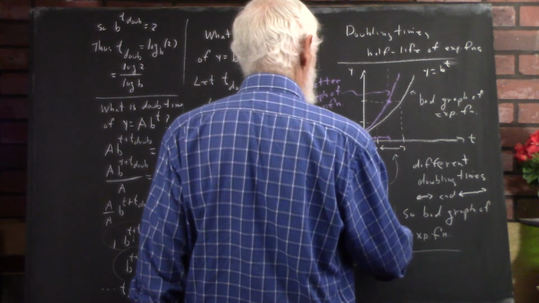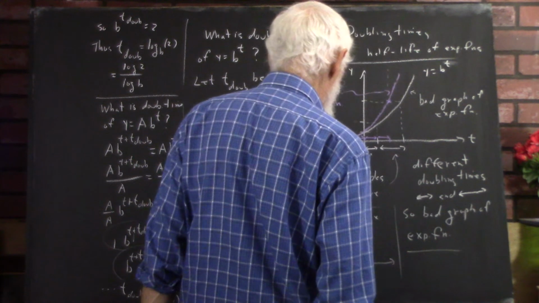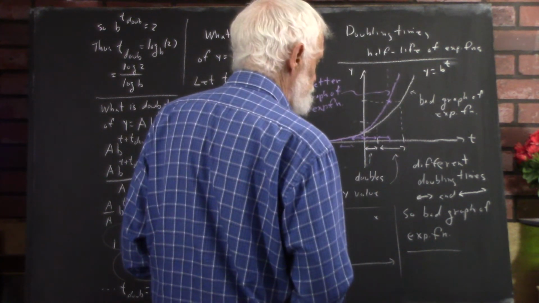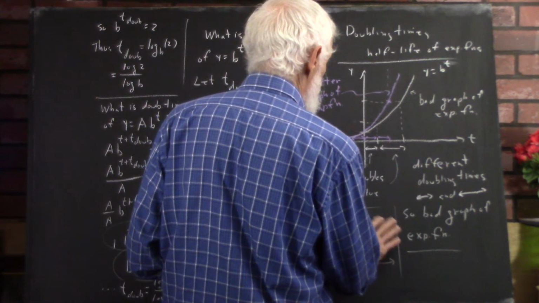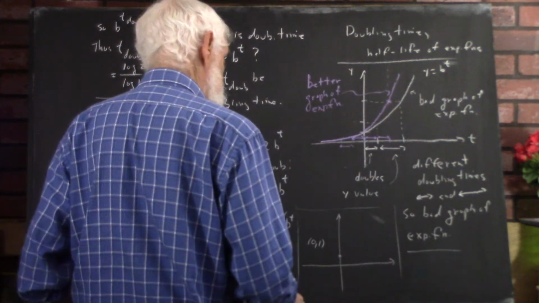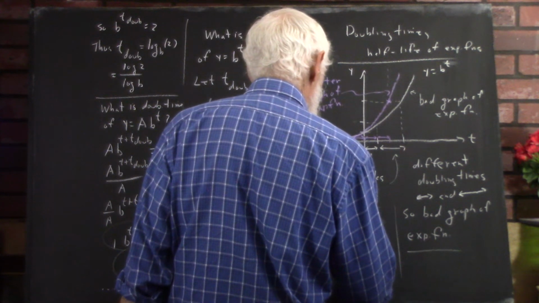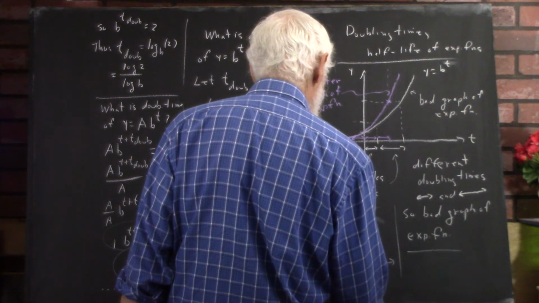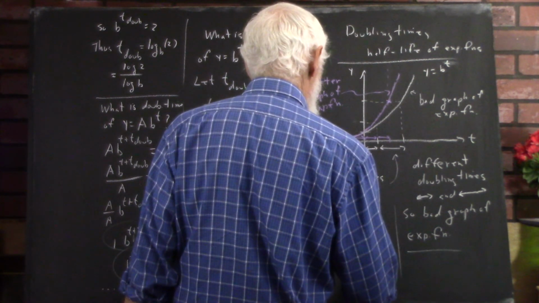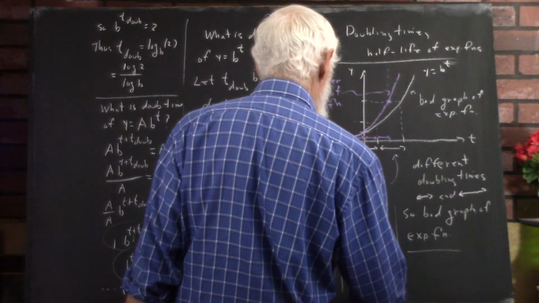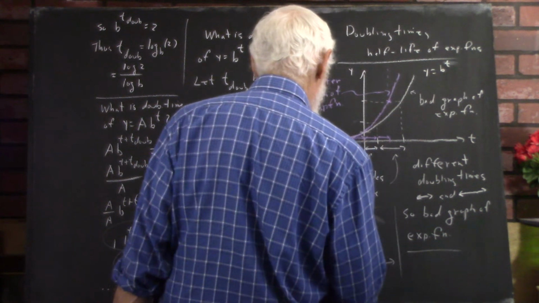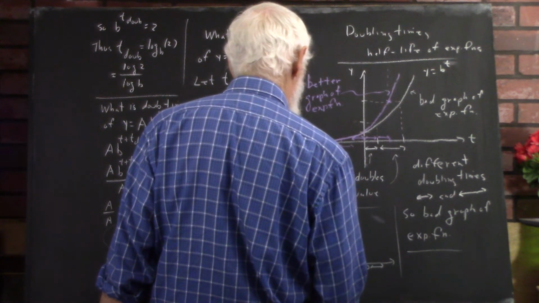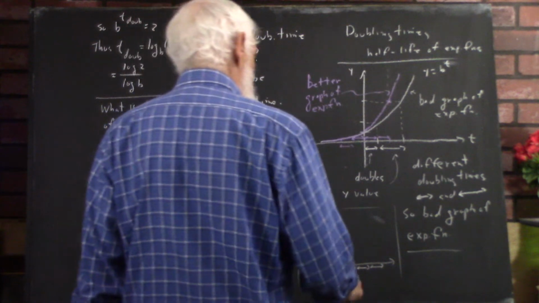And if I've got any other point out here, well, I don't even need that. If I know the doubling time, then I just draw a bunch of doubling times, and I go backwards into negative numbers.